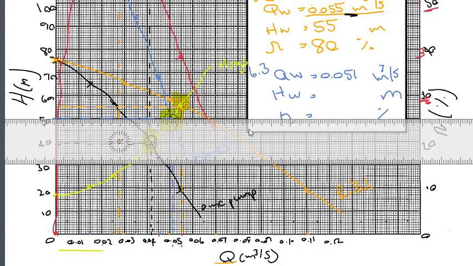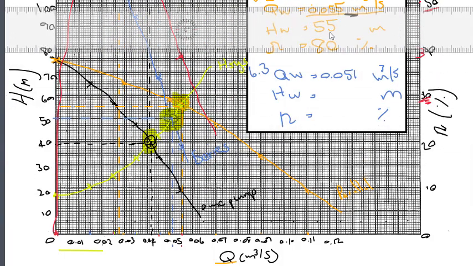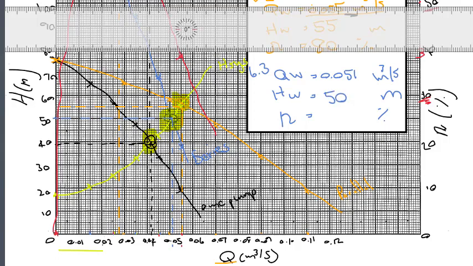And our head value will be that 50. Let's just get the ruler out of the way so we can clearly see that it's 50. So that's going to be 50 meters of head.